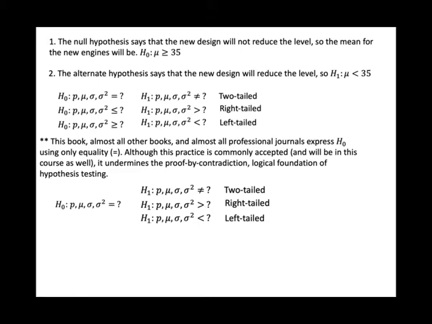I want you to keep in mind that I'm right, and other statistics books or your other professors who teach you this way are also right. But why do we have two different answers here? This is related to the history of statistics. A long time ago, not all people had computers, and the computer design was just like our keyboard right now. On your keyboard, we only have strictly less than or strictly greater than. We don't have less than or equal to or greater than or equal to.